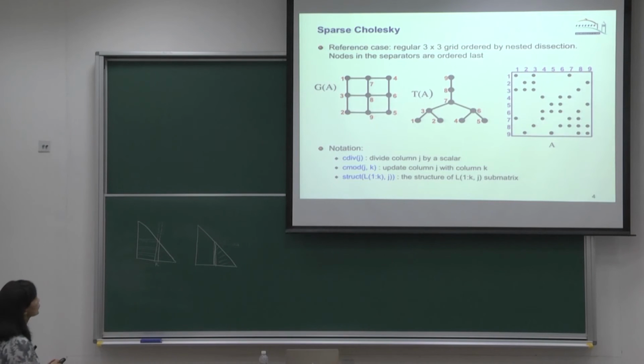And then I use the notation cdiv, which divides the column by a scalar, which is the scaling of the column, and cmod(j, k), meaning that I modify column j using column k. Okay, so this is my destination column, and then I use this notation, the structure of L(1:k, j), the jth column of L from row 1 to k. So this is just the structure, the non-zero positions. This notation doesn't care about the numerical values, just the pattern.